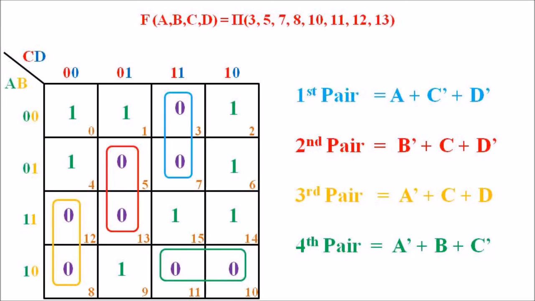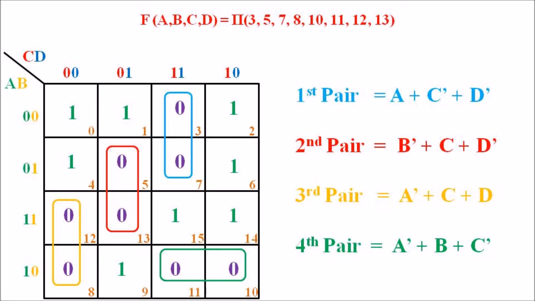The second pair lies in column number 2, between row 2 and row 3. In rows 2 and 3, the value of a is 0 and 1, and the value of b is 1 in both rows. Thus, we consider only the value which remains constant.